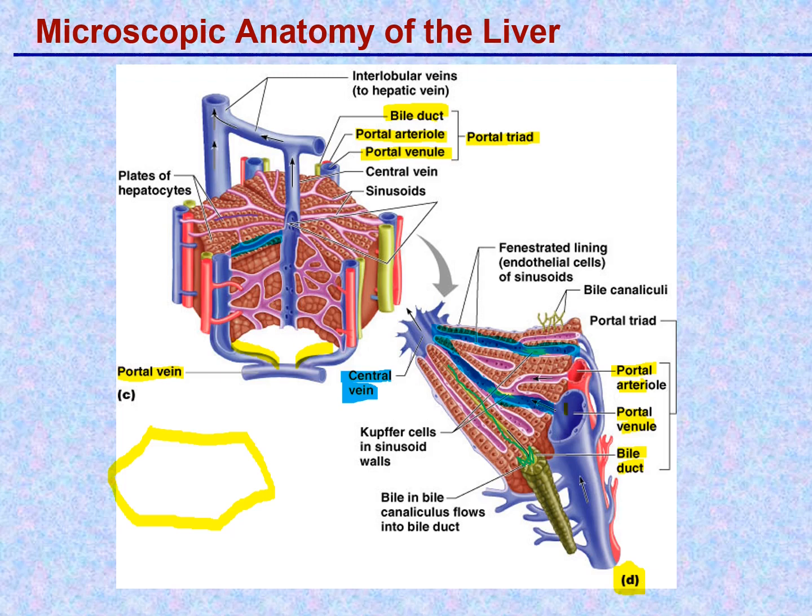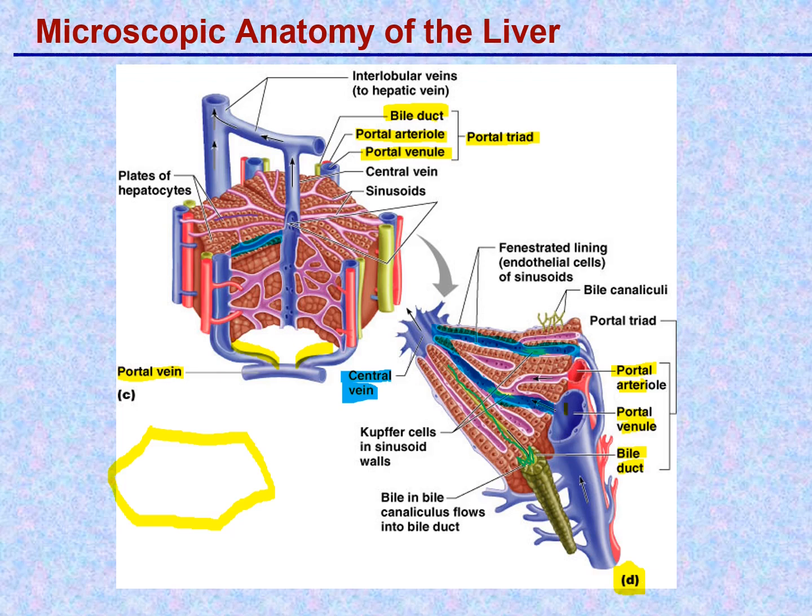Now, the hepatocytes that make up the liver also need oxygen, and they're not going to get oxygen from venous blood that's coming back from the intestines or other organs in the abdominal cavity and first flowing through the liver before it goes to the heart. They're going to get oxygen because there are also arteries that feed oxygenated blood into the liver.